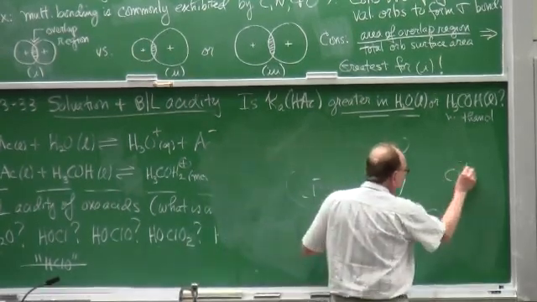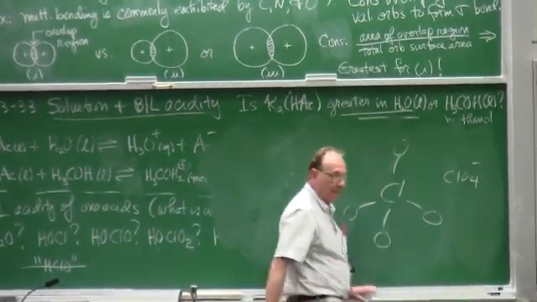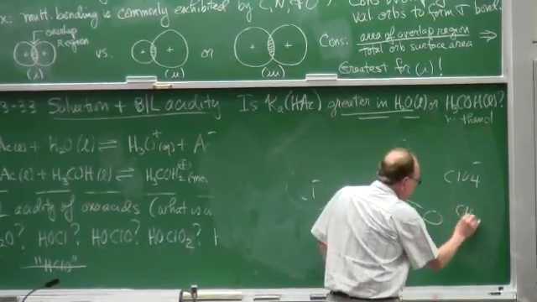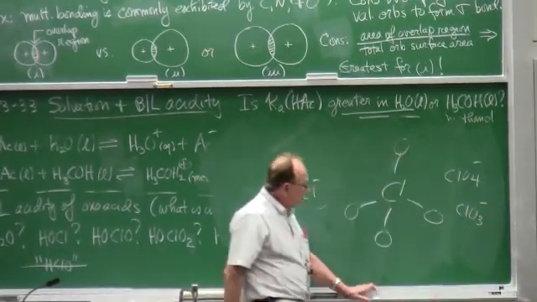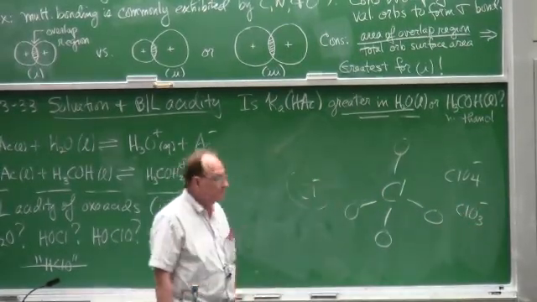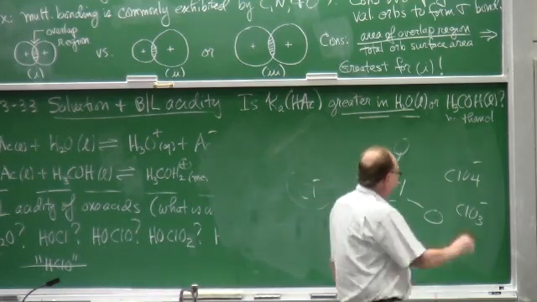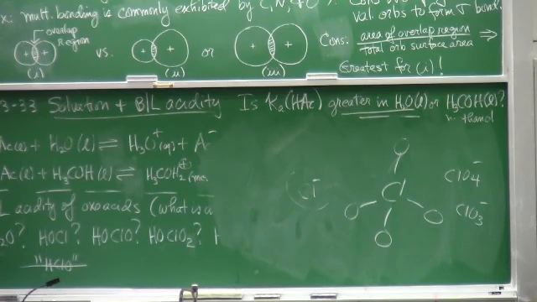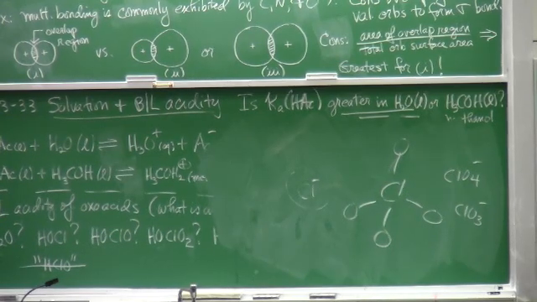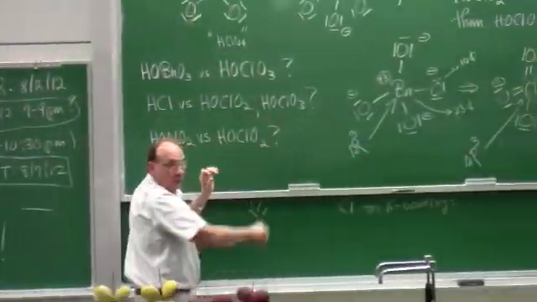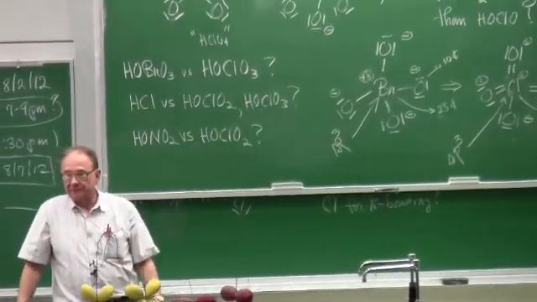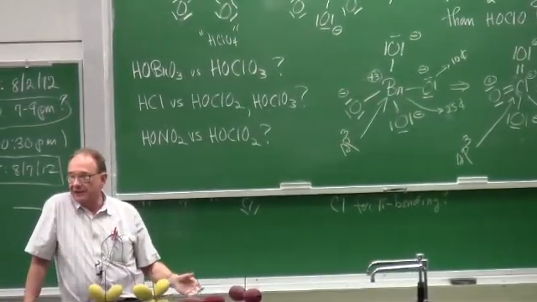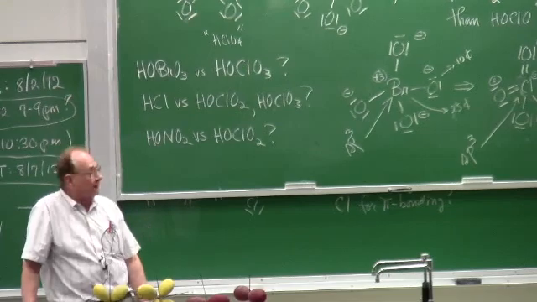This again is ClO4 minus. Now we're throwing ClO3 minus into the mix. We know this acid is stronger than this acid, but these two acids are both very strong acids. We're just taking data from our acid-base table, if nothing else.